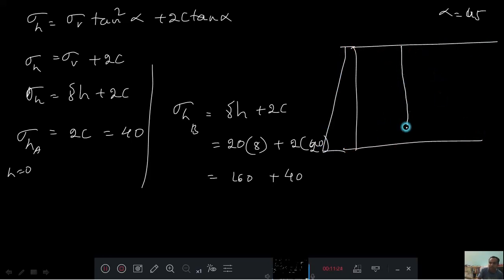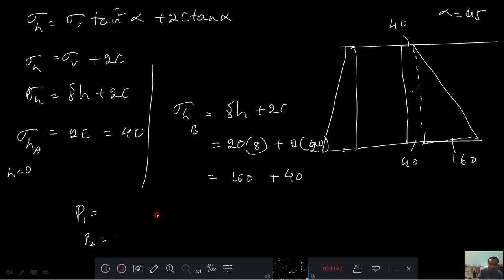In the passive case, the diagram will be one rectangle and one triangle. The rectangle at the top is 40, and this is 160. Calculate p1, the area of the rectangle, and p2, the area of the triangle. Z1 is half of this one, Z2 is one third of the triangle, then calculate Z bar and you will get the answer. We'll go to the next problem.